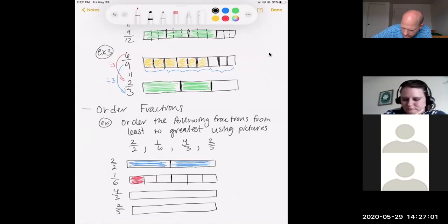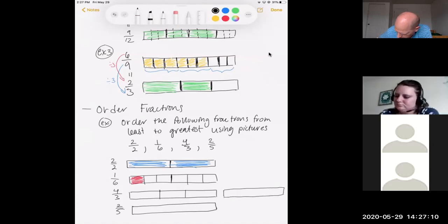Now if I want 4/3, I divide my bar into thirds, but I need more. So I need 4 of them. So I'm going to draw another whole, and divide that into thirds. And then I can highlight the 4/3 here. 1, 2, 3, 4. Remember, 4/3 means 4 parts, each of which are 1/3 of a whole.